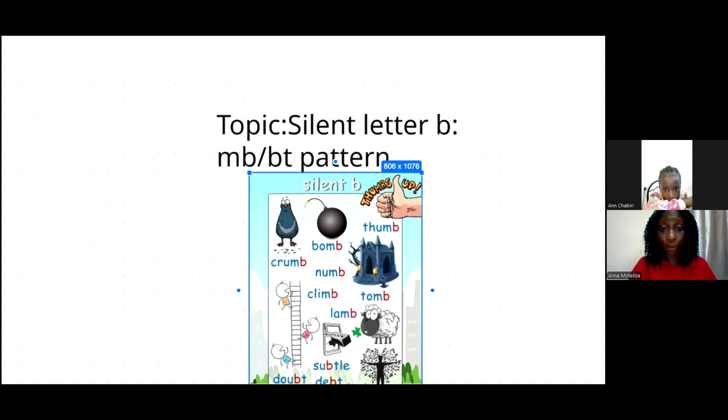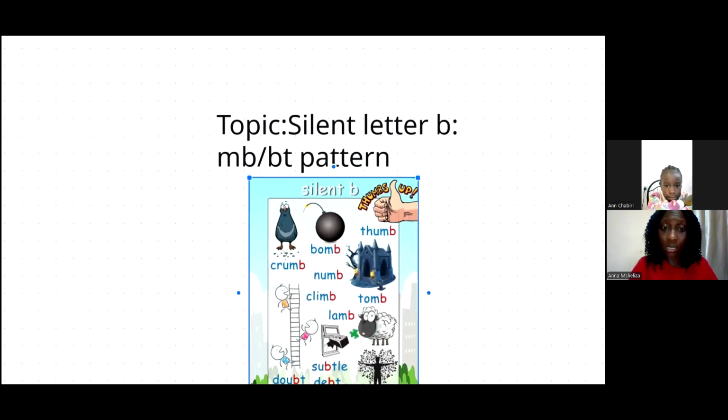All right, so this is the silent letter B in some words. We said it is quiet when it comes after a letter M. So we have some pictures with the silent letter B after the letter M. Let's try pronouncing the words considering that the letter B is quiet.